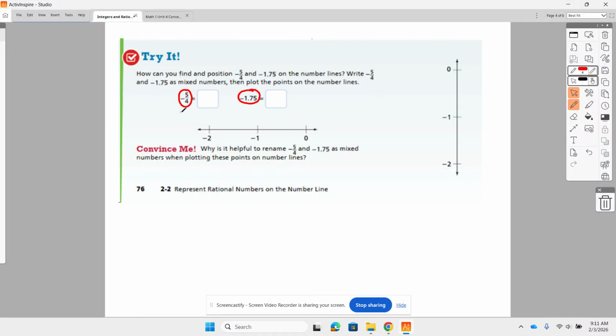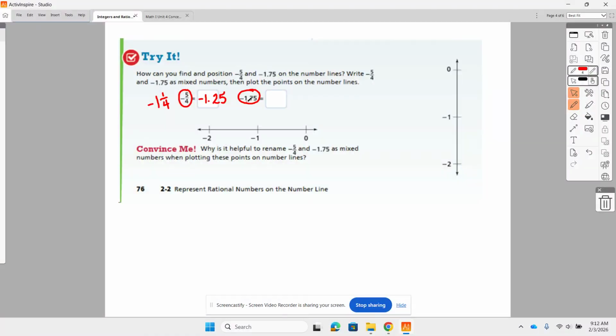Your strategy might be to change them into a form where you could compare them. So for example, -5/4 is the same as -1 1/4, or as a decimal, -1.25.